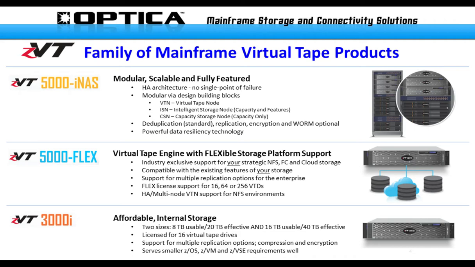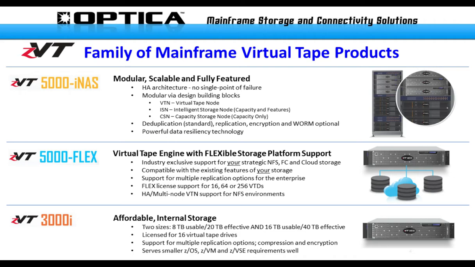So we can tailor those things and customize the architecture of your INAS solution with the virtual tape node and 2 different flavors of storage node, an intelligent storage node and a capacity storage node. The intelligent storage node simply houses the licensed feature set, whereby the capacity storage node is only capacity.